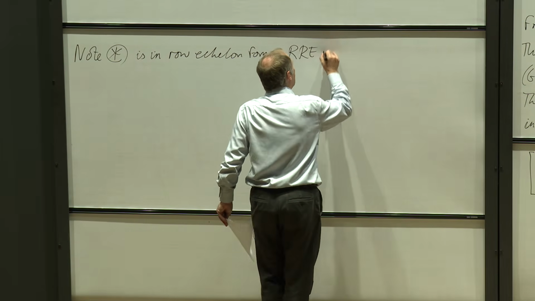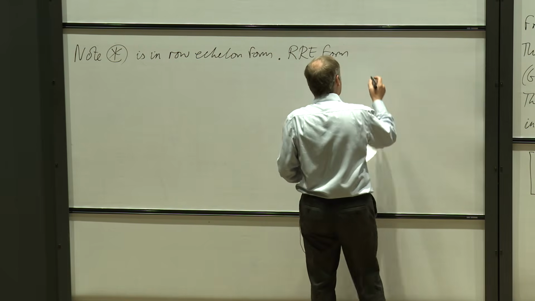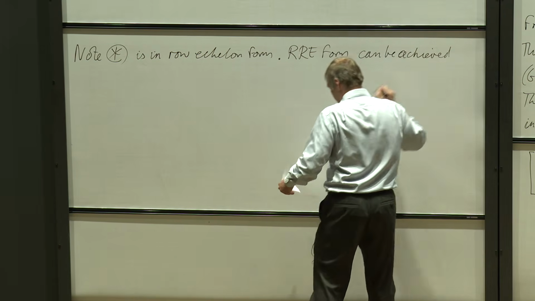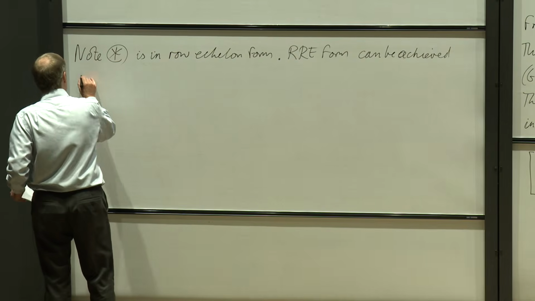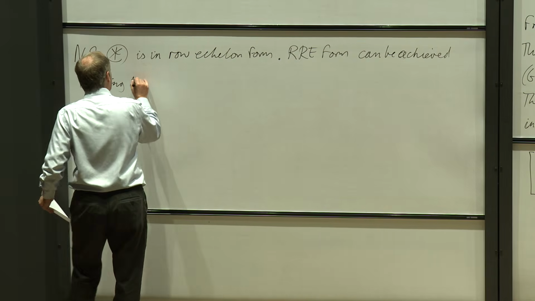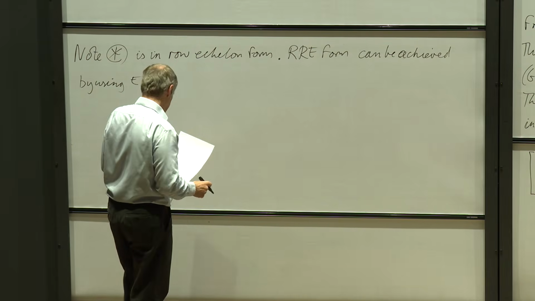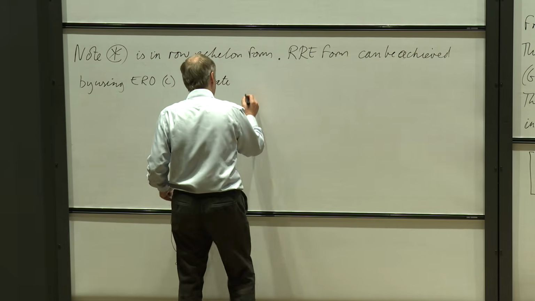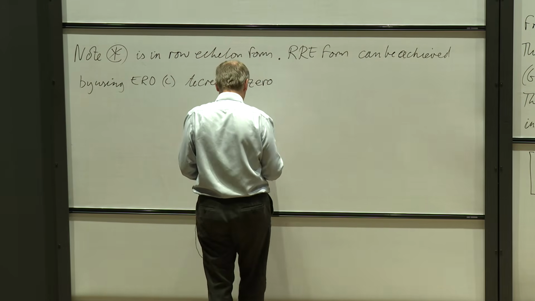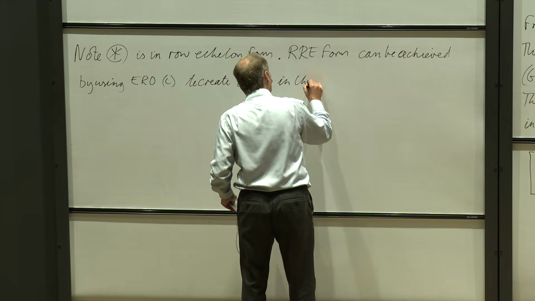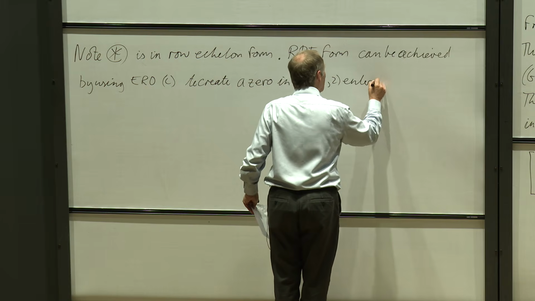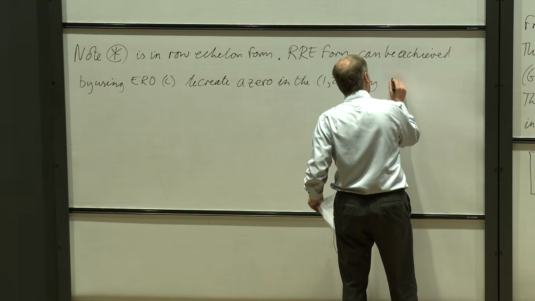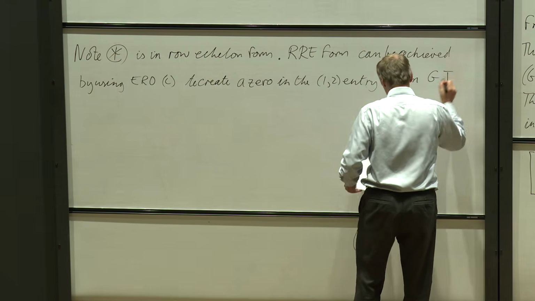Reduced row echelon form can be achieved by using ERO C to create a 0 in the 1-2 entry, as in Gauss-Jordan elimination.